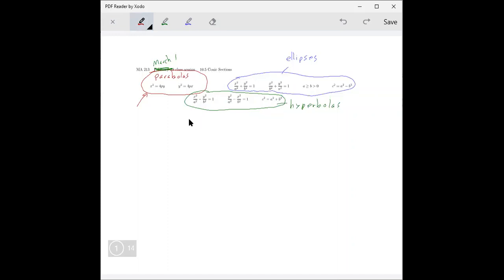Okay, so parabolas, another way of thinking about parabolas is that they are the set of points equidistant from a point, which is called the focus, and a line, which is called the directrix.